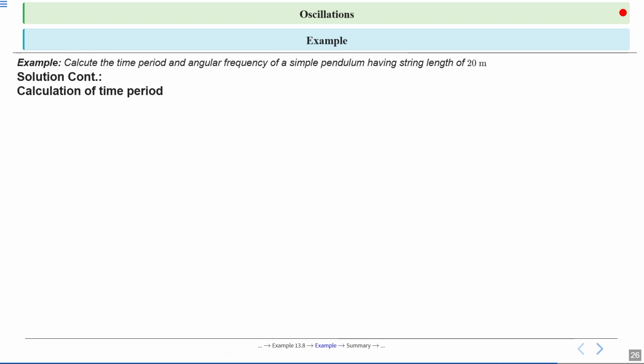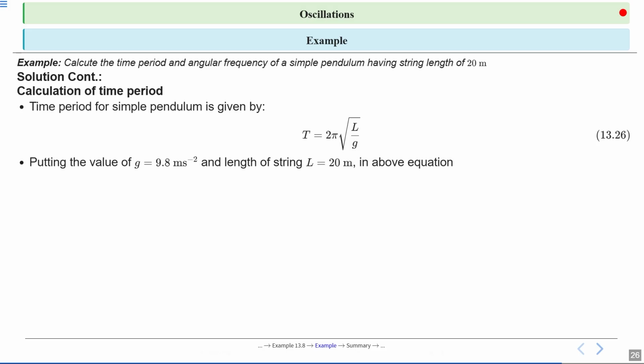Now, calculation of time period. The time period for a simple pendulum is given by T equal to 2 pi under root L by g. Substituting the given values into the formula, T equal to 2 pi under root 20 divided by 9.8.